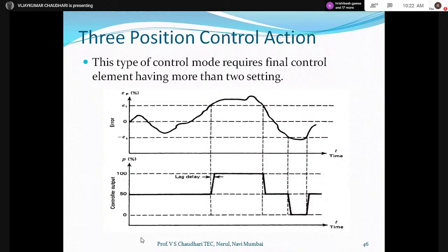Okay, so the final control element must also have these settings, right? So that accordingly, the controller gives the signal to the final control element, and that will then be affected, transferred to the process.